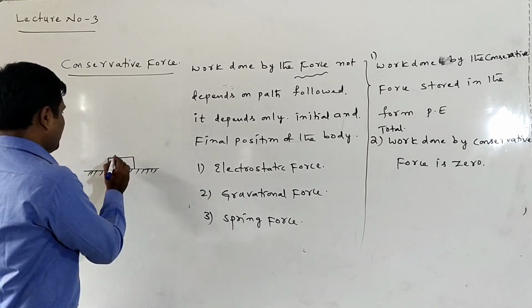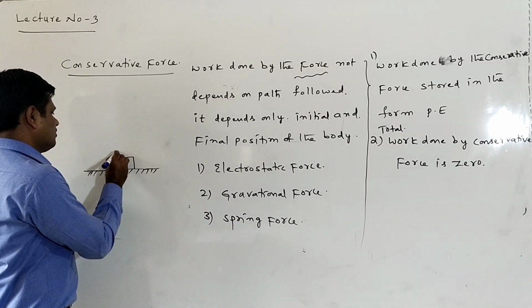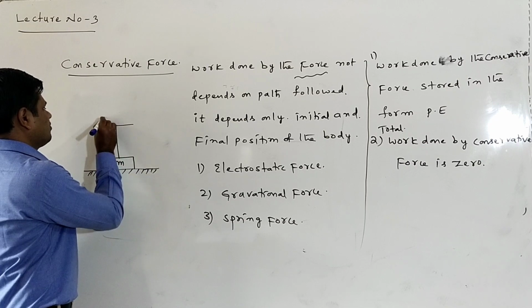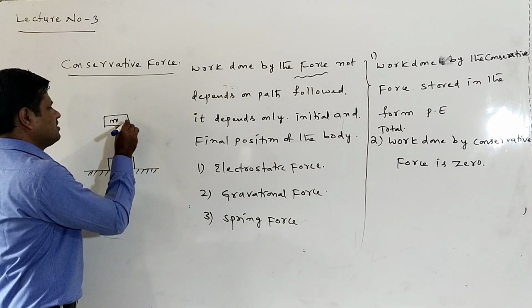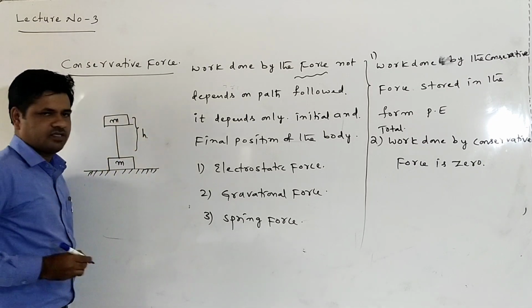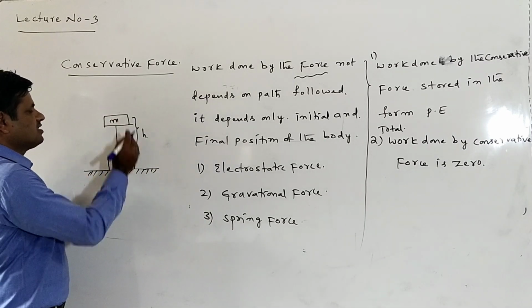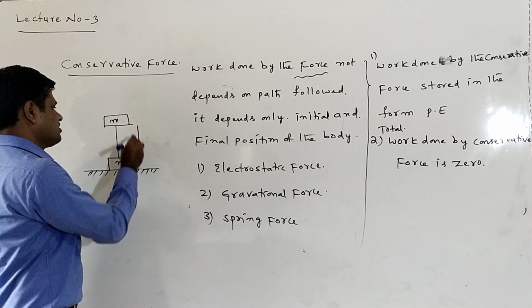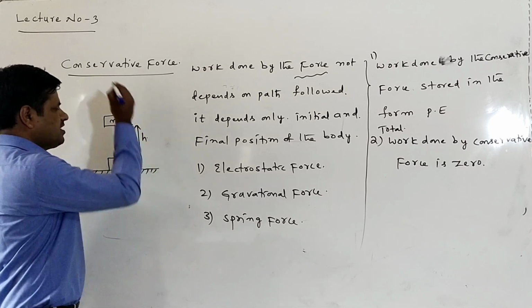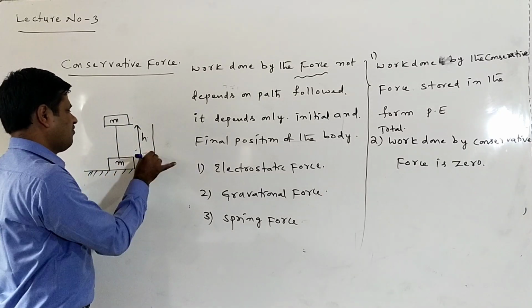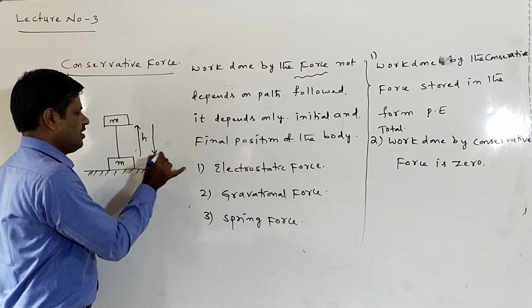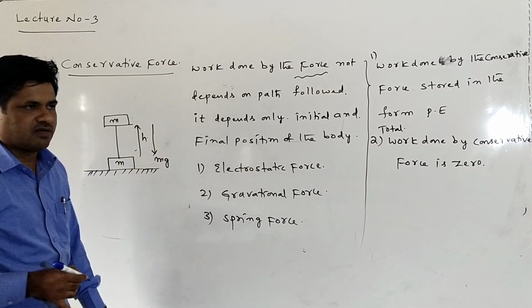Now this body I am moving like this through a certain height. It is coming to this height, h. Coming to height h, the body moves in this direction. The displacement is in this direction, but the gravitational force, F equal to mg, is acting in the downward direction.